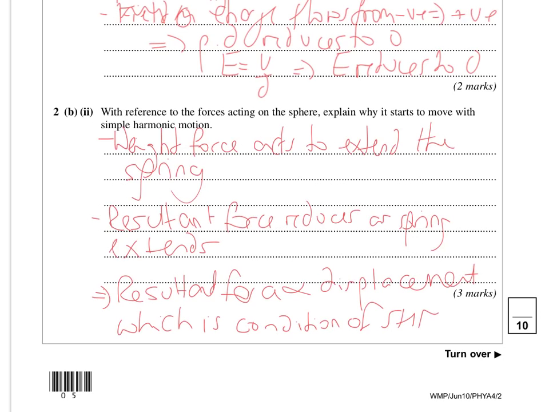That's one of the key conditions to be in simple harmonic motion. Your force has to be proportional to your displacement and in the opposite direction. As you extend it, there's a force backwards acting against the motion. Alright, so let's move on.